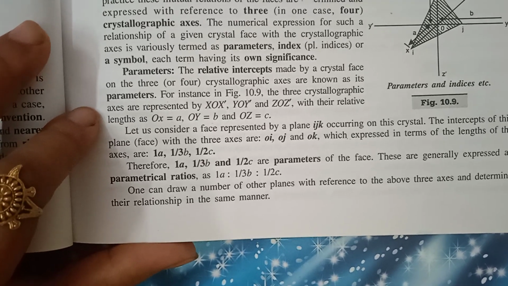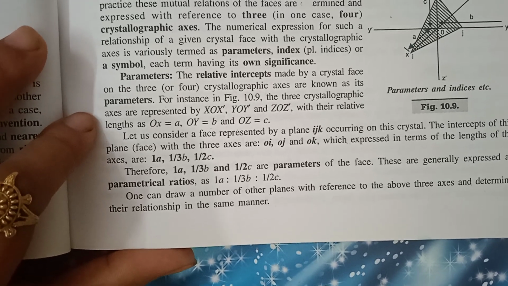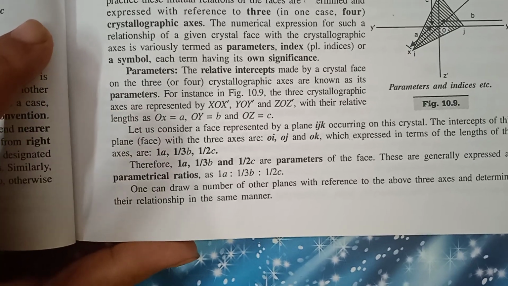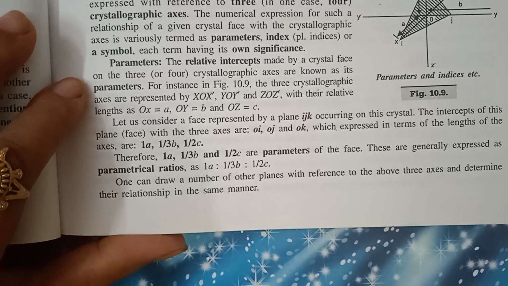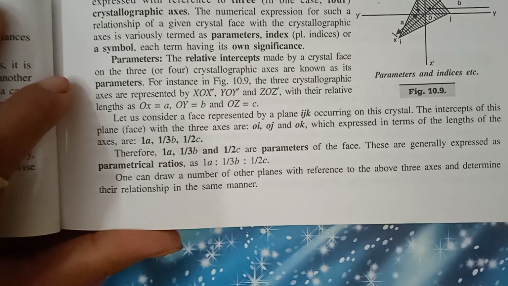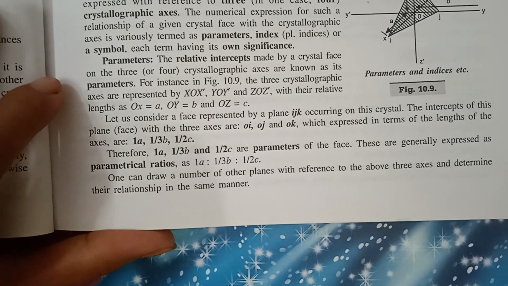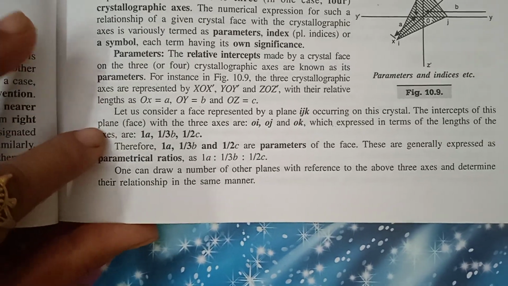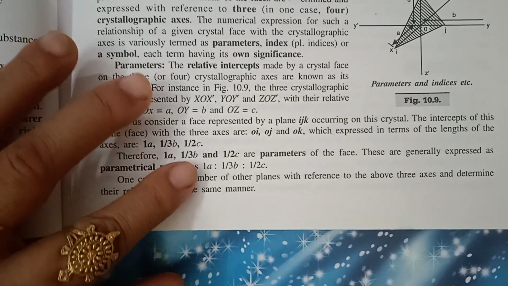with their relative lengths OX equal to a, OY equal to b, and OZ equal to c. Let us consider a face represented by a plane IJK occurring on this crystal. The intercepts of this plane and face with the three axes are OI, OJ, and OK, which expressed in terms of the length of the axes are 1a, 1/3 b, and 1/2 c.